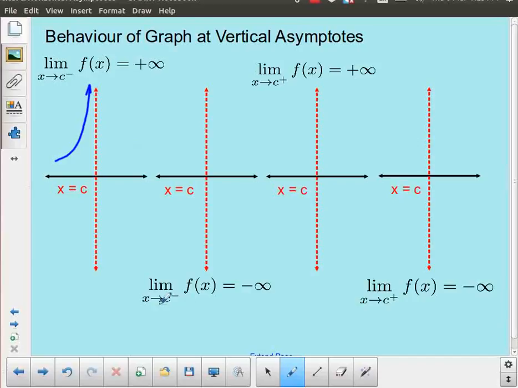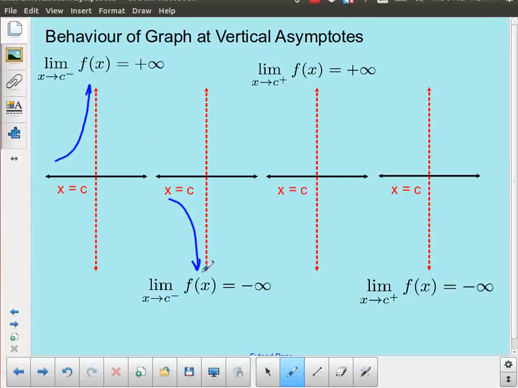Similarly, as x approaches c from the left, in this case if I go to negative infinity, that is going to look like that. And it's as simple as that when we talk about these limits. So if we find out the limit as x approaches c from below goes to positive infinity, that's what that part of the graph looks like.